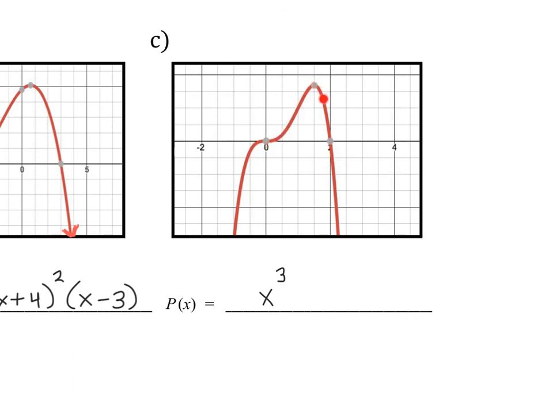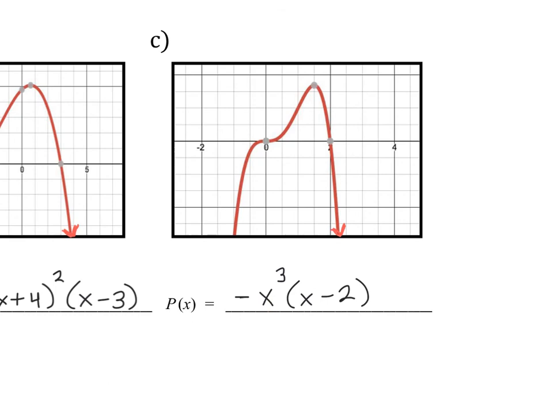Then follow your graph. And then here you can see that we have our next intercept. This is at 2. So that has the factor of x minus 2. Now this one is going straight through, so it has a multiplicity of 1. Now we need to figure out if our graph should be positive or negative. Since moving to the right, our graph is going down, this is a negative graph, so we need to make our leading coefficient -1.